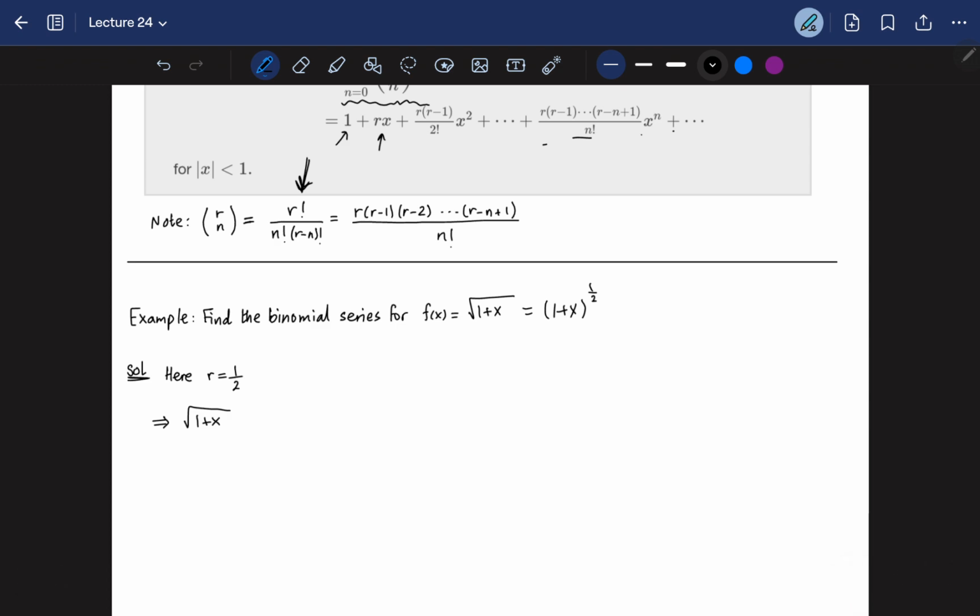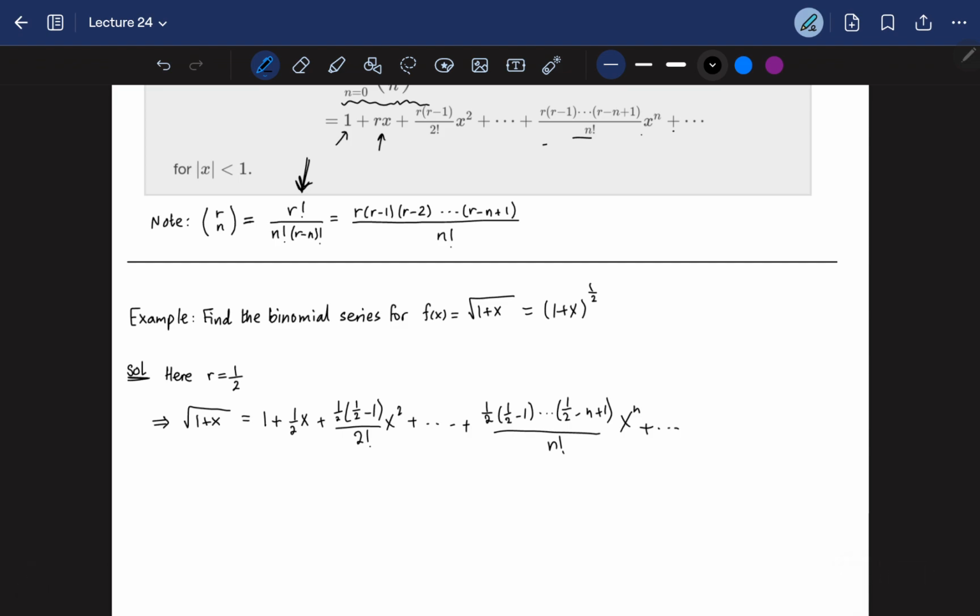If we want to apply the formula to get a series for this, it's going to be 1 plus 1/2 x plus 1/2 times 1/2 minus 1 over 2 factorial x squared, plus up to 1/2 times 1/2 minus 1 and so on, 1/2 minus n plus 1 over n factorial x to the n, up to infinity.